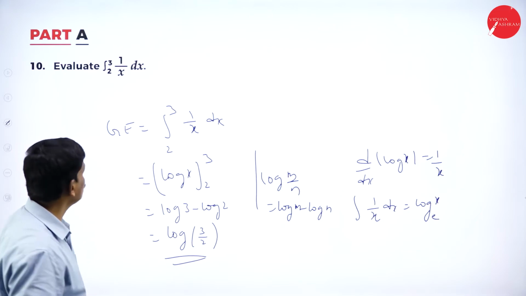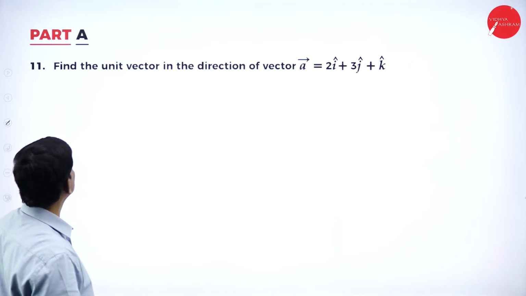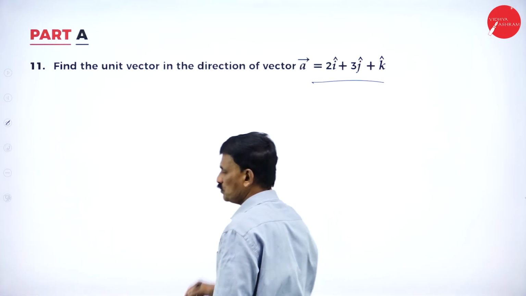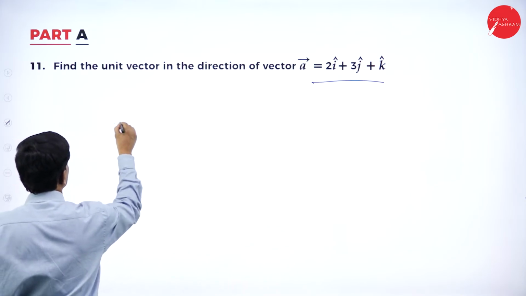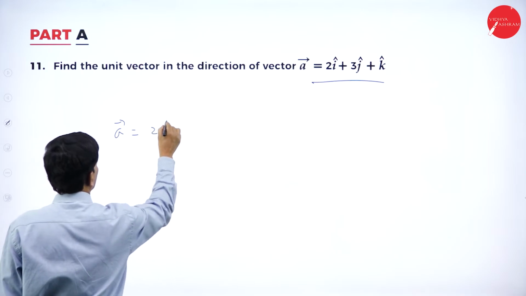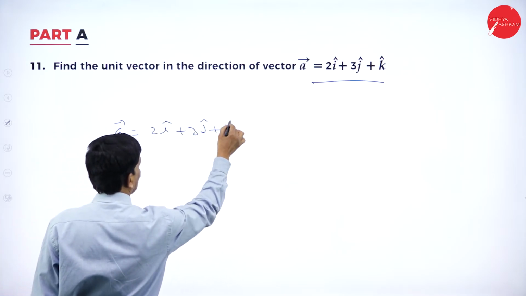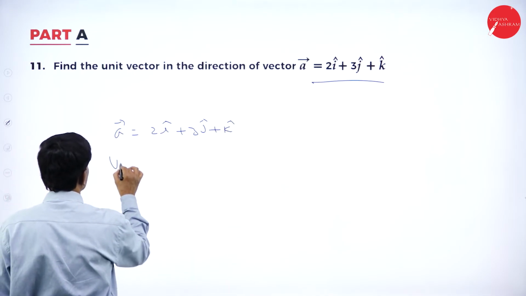Question number 11. What is question number 11? It is from vectors. Find the unit vector in the direction of vector A. What is given? Vector A is equal to 2i cap plus 3j cap plus k cap. Now, you know the formula for unit vector along any vector.